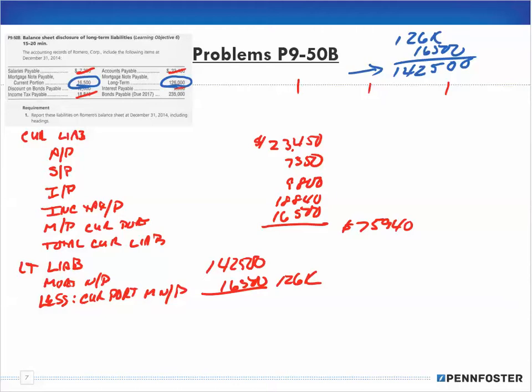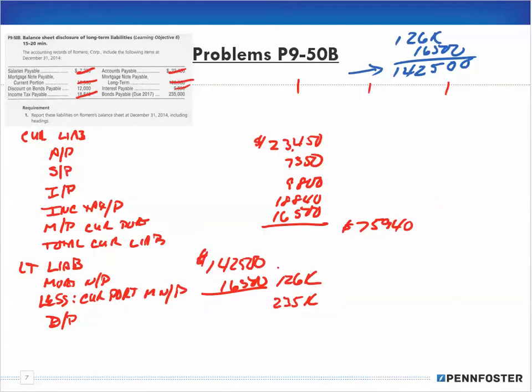Next, all right, so let's see here. So next, we got rid of the mortgage there, and the mortgage there. Okay, the next thing that we have is the bond payable. Bond payable is 235,000.